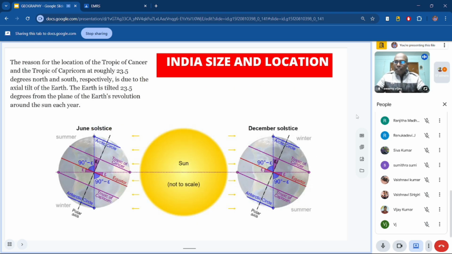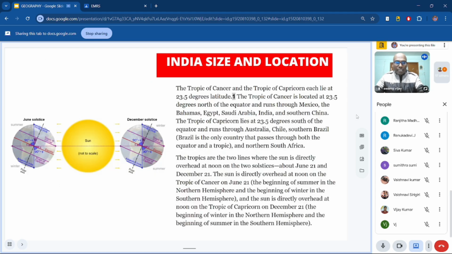Then the reason for the location of the Tropic of Cancer and the Tropic of Capricorn at roughly 23.5 degree north and south respectively is due to the axial tilt of the earth. As I told you, the earth is slightly tilted. The earth is tilted 23.5 degree from the plane of the earth's revolution around the sun each year. So remember these facts, write them down, and these dates are very important.